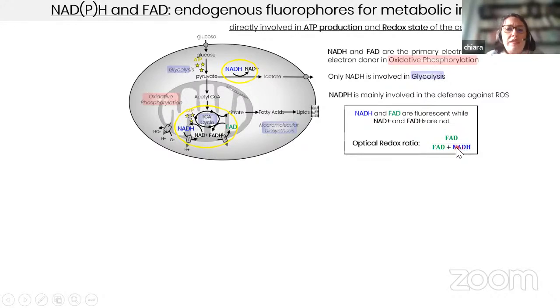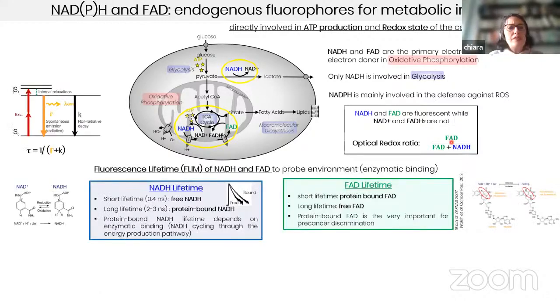But as you know, intensity measurements can have a lot of artifacts depending on the intensity, excitation, variation of absorption, especially in tissues. So measuring the lifetime with FLIM is much more precise because it's independent of the concentration and variation of the excitation. As you know, NADH has a short 0.5 nanosecond lifetime when it's free and a long lifetime when it's protein bound.